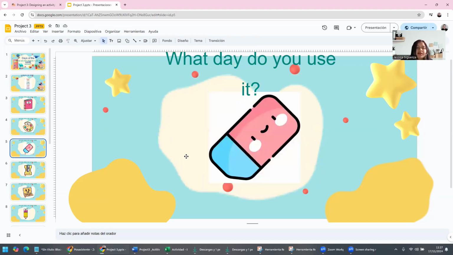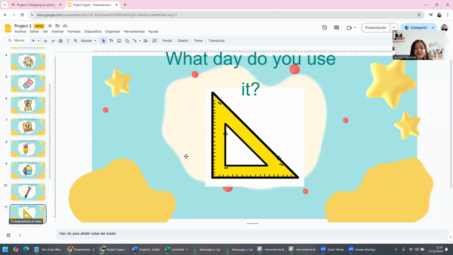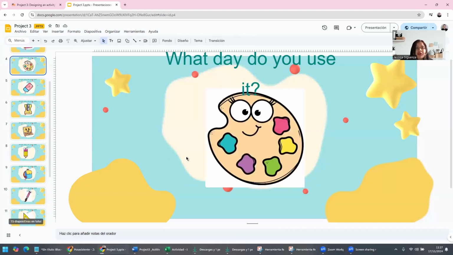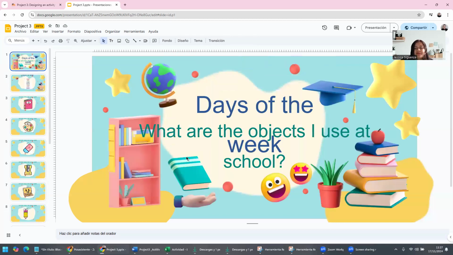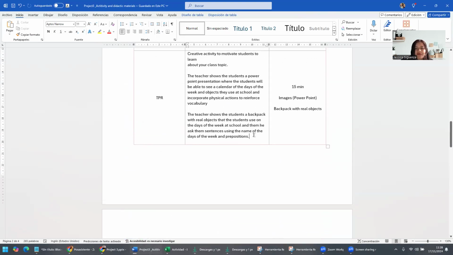And we have an eraser, another object that you will see in the presentation that we use for this activity. And then we are going to pass to another part of the activity, which I mentioned before.